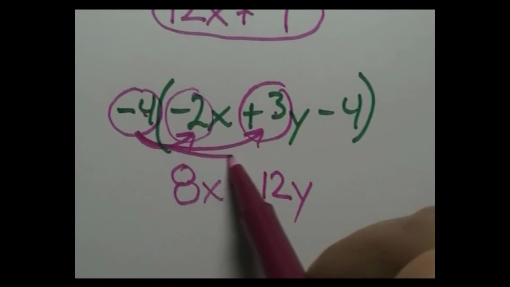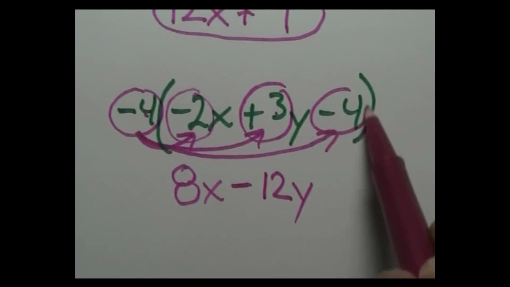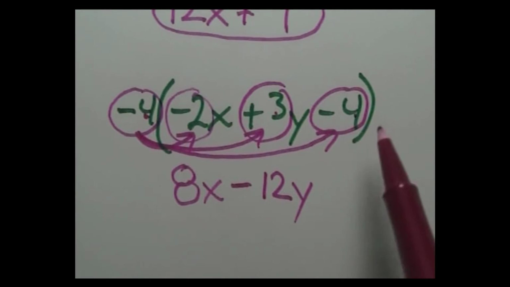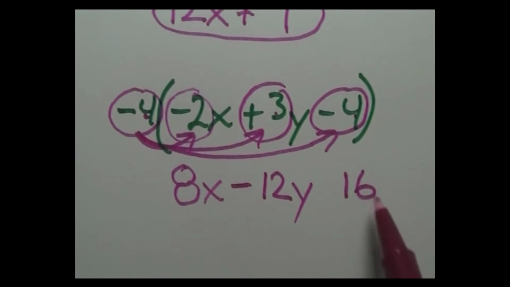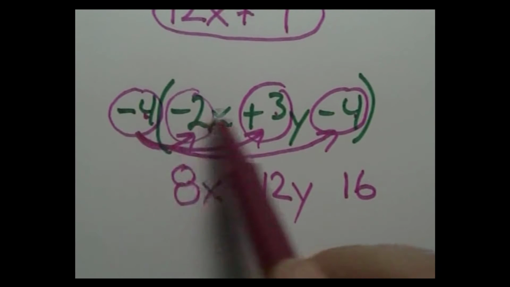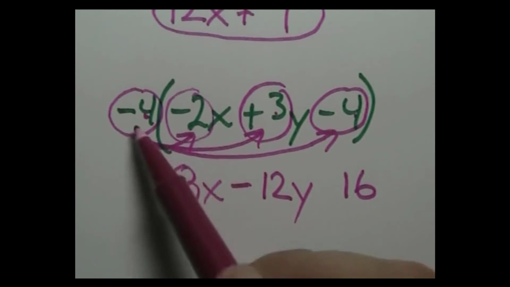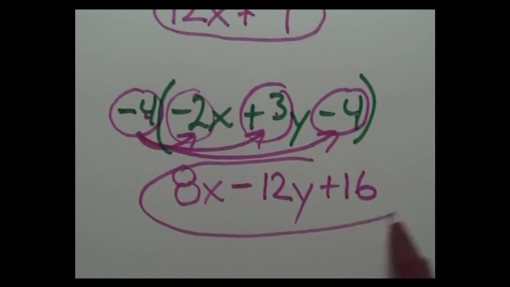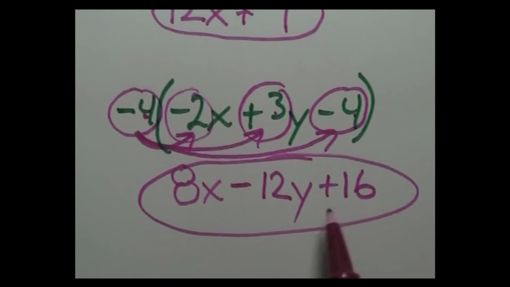Then I have negative 4 times negative 4. 4 times 4, that's 16. And there's two negatives. I'm multiplying two negatives, so it's a big plus. And you cannot combine these. These are unlike terms.